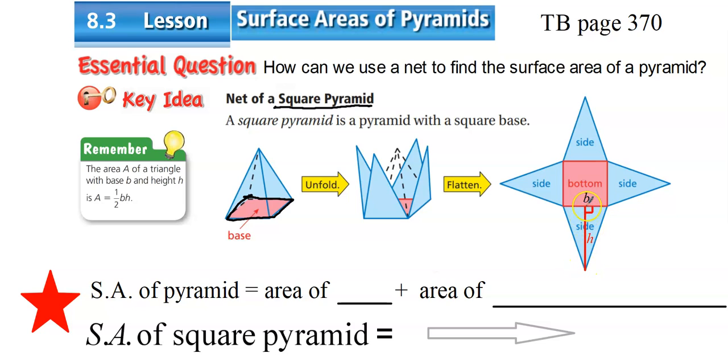And then notice that when you lay this flat, you can see that the height of the triangle is perpendicular to the base of the square, which is also the base of the triangle, right? And so what I want to point out is that this height of the triangle, let's mark it in blue here.